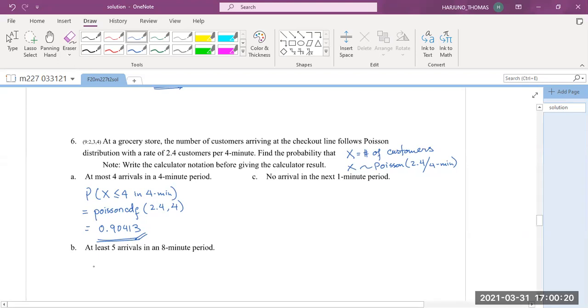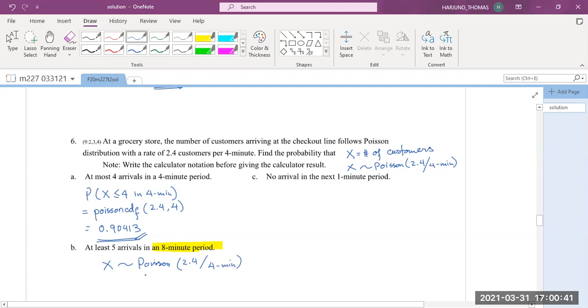Now, part B, at least 5 arrivals in an 8-minute period. Oh, so this is not 4 minutes anymore. I need to adjust my distribution. It was originally Poisson with 2.4 in 4 minutes.